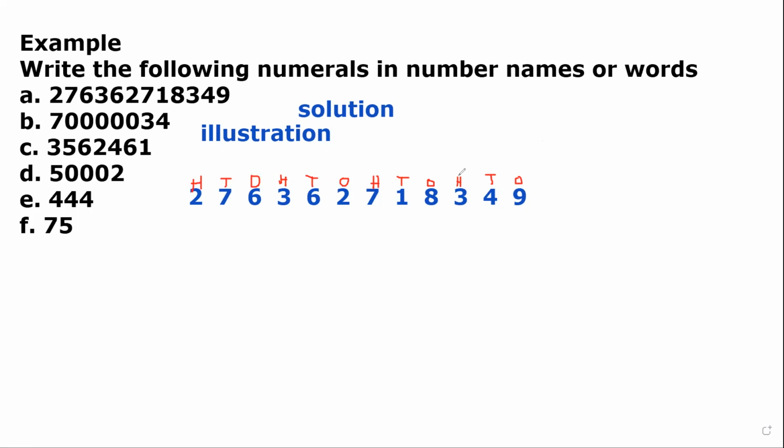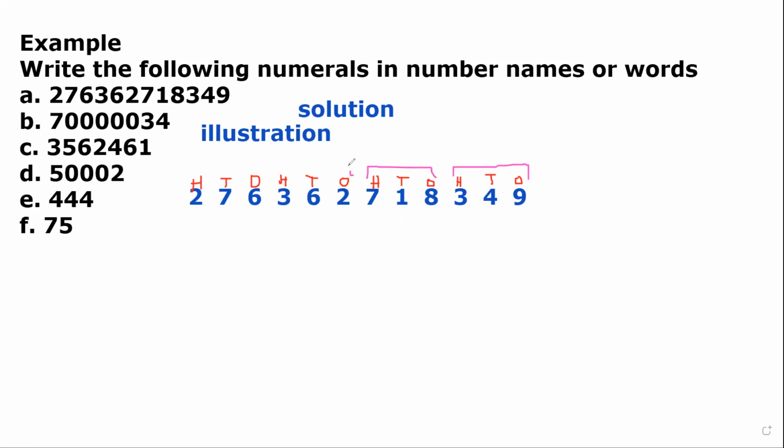And we said the first three names here belong to what? To the others. So these three names here belong to the others. The next three names here also belong to the thousand.